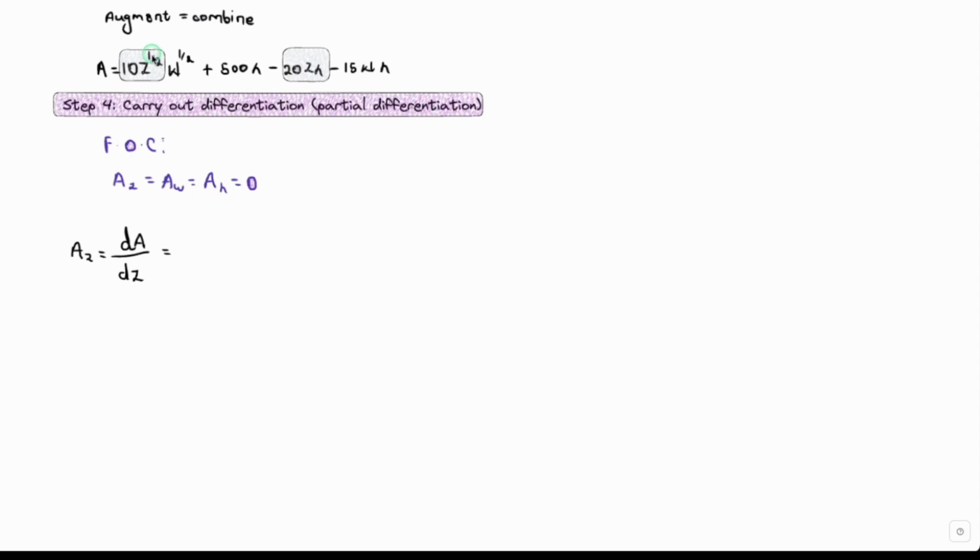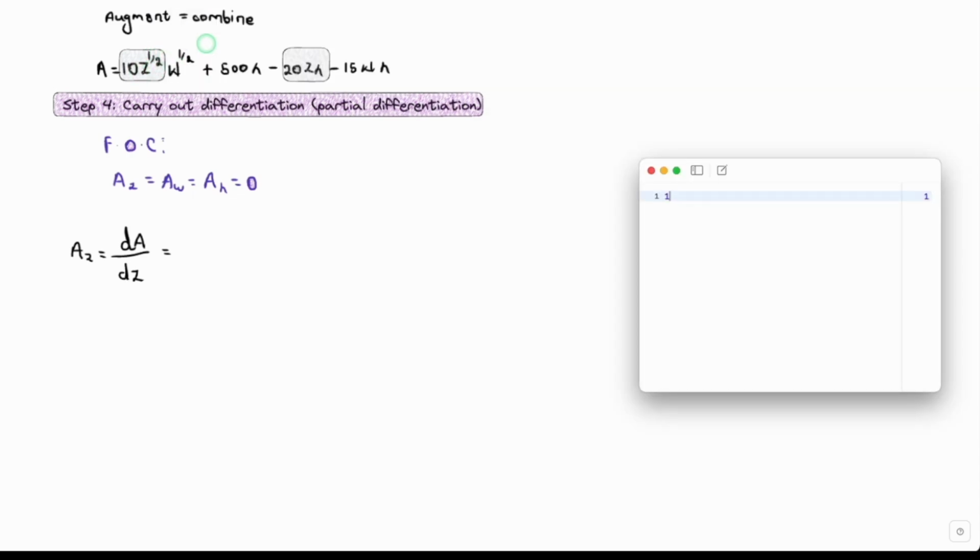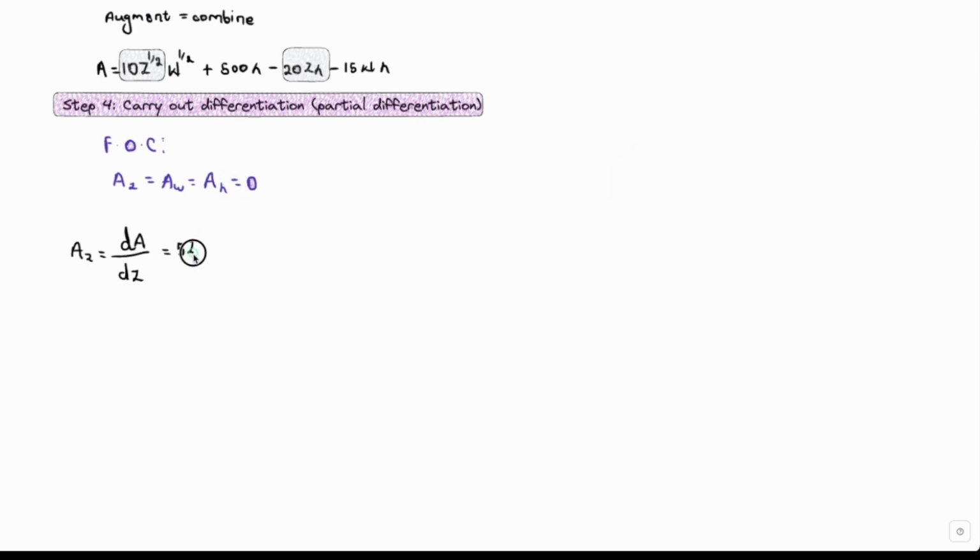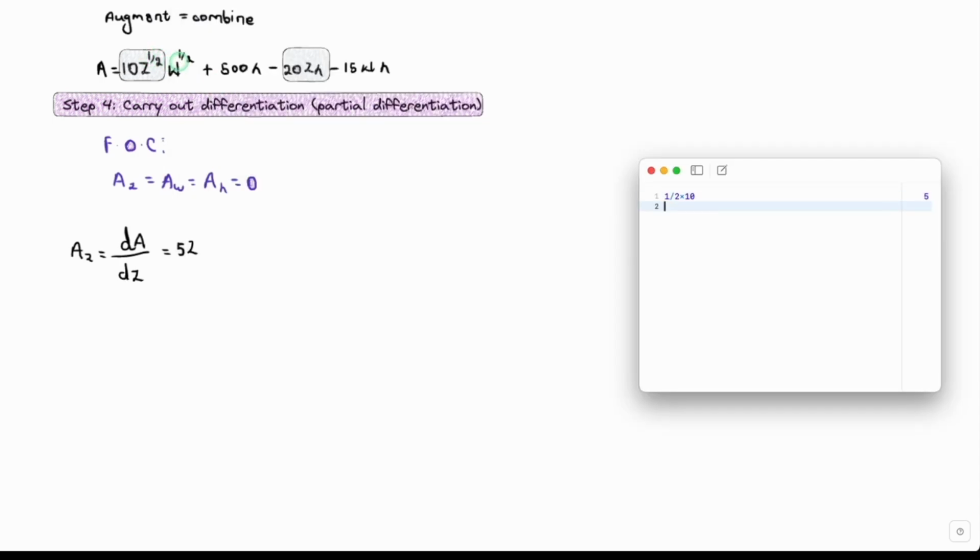I'm taking a half multiplied by 10. So I'm taking 1 over 2, multiplied by 10. That is 5. I have 5z, then I subtract 1 from the power. So I take the power, which is a half, 1 over 2, and subtract 1 from 1 over 2. That will give me negative 0.5.